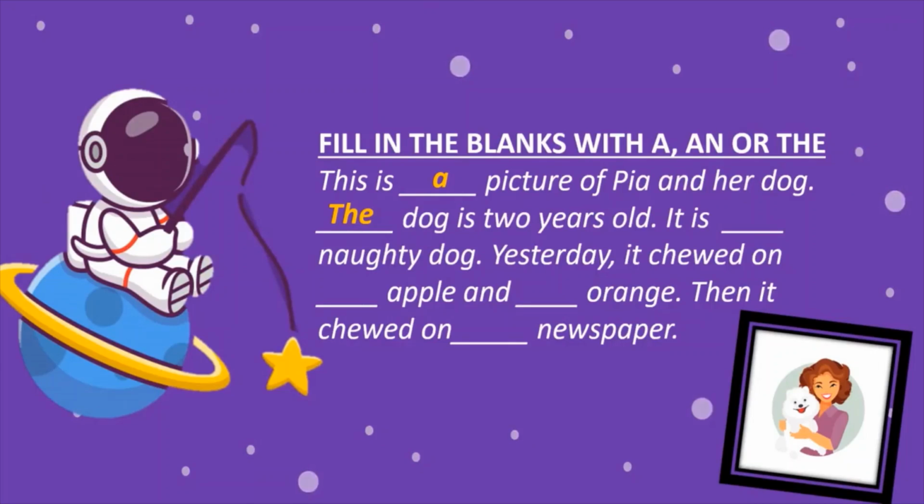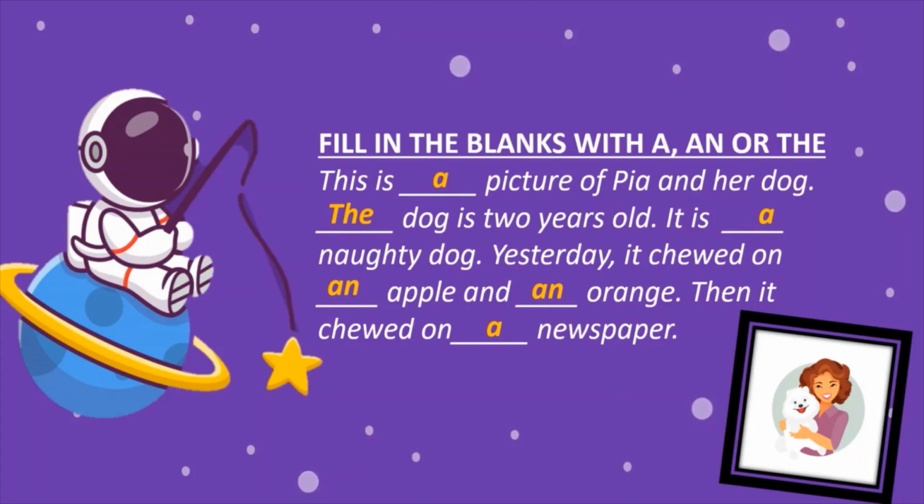So we use the word the here because the dog which is in the picture with Pia, we are talking about that dog. It is a naughty dog. Yesterday it chewed on an apple and an orange. Then it chewed on a newspaper.